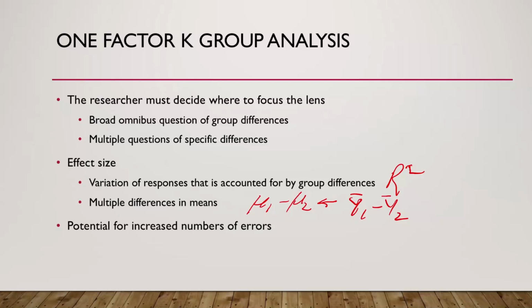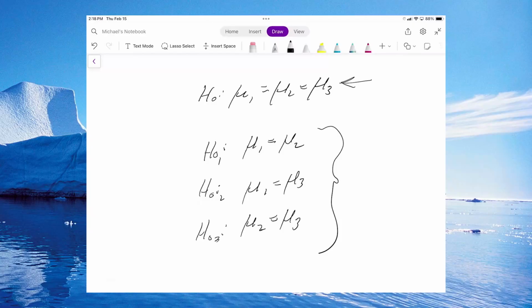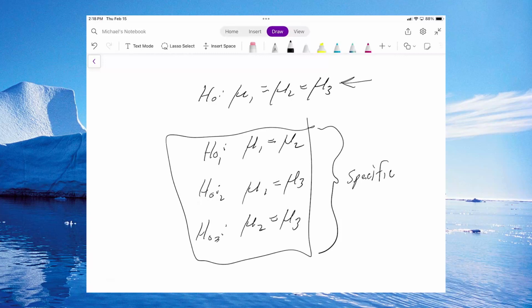But there's a downside. The downside is there's a potential for an increased number of errors. If you think back to my example, in which we have all these different possible hypotheses, well, here for these specific comparisons down here, we have 3 different hypotheses.